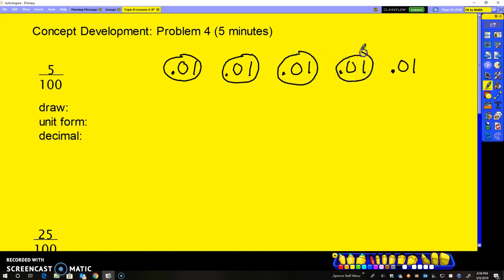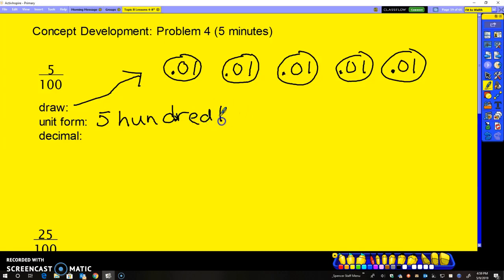So go ahead and write your 100th 5 times, and we just drew a model that shows 5 hundredths. In unit form, be careful writing hundredths. It's 100 with a THS, hundredths. As a decimal, 0.05.